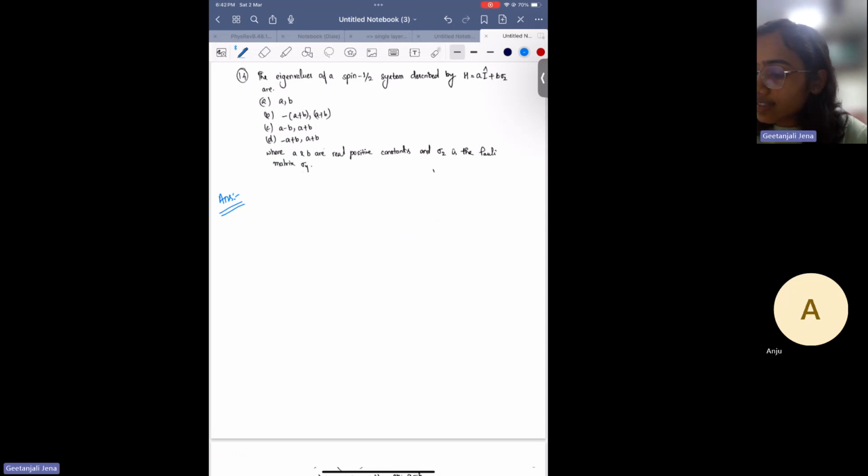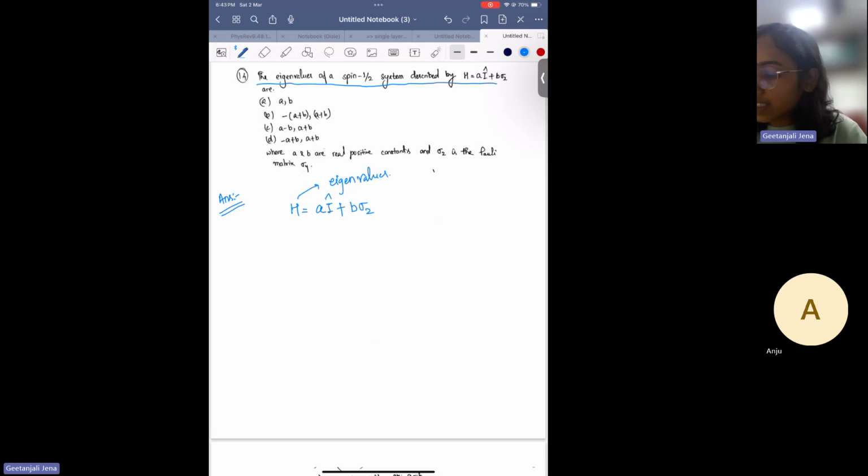So the next question is: the eigenvalues of a spin-half system described by the Hamiltonian H equals A I plus B sigma 2. Now it is asking what will be the eigenvalues of this Hamiltonian operator.